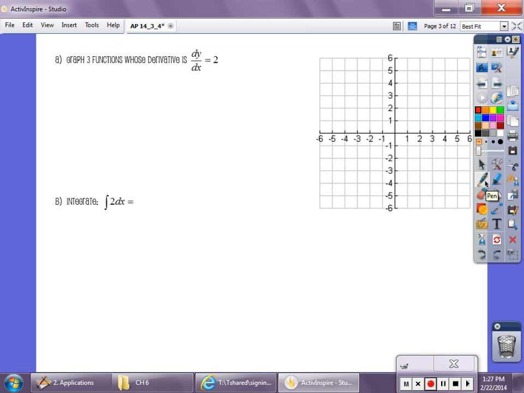It says to just graph 3 functions whose derivative is 2. So if you think about that, your functions would have to be any kind of line with whatever intercept you want to pick. So as long as the slope is 2, I'll do one line pretty far up here just to have them equally spaced out and not crammed.